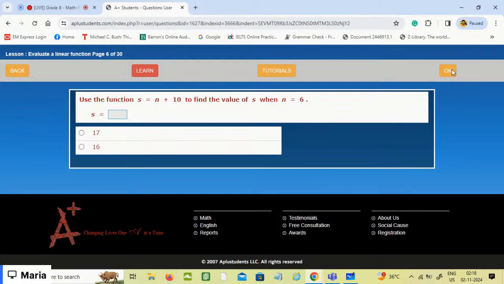So then 10 plus 6 equals 16. Option number 2 is the correct option.